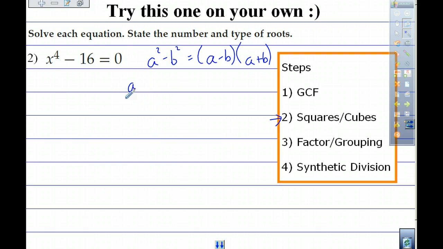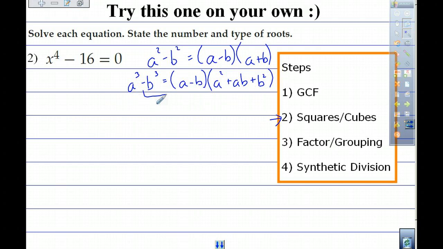And we had a cubed minus b cubed. What did that equal? A minus b, a squared plus ab plus b squared.